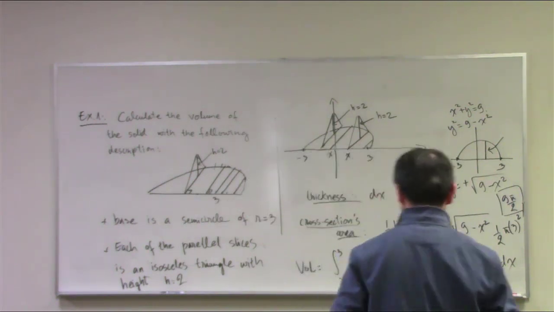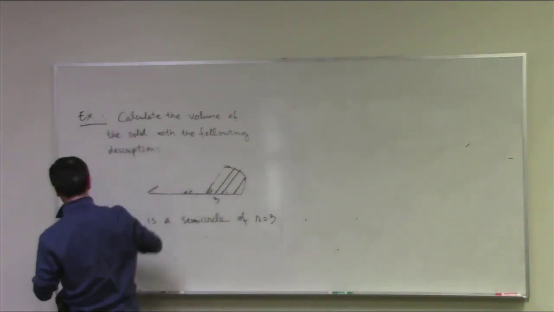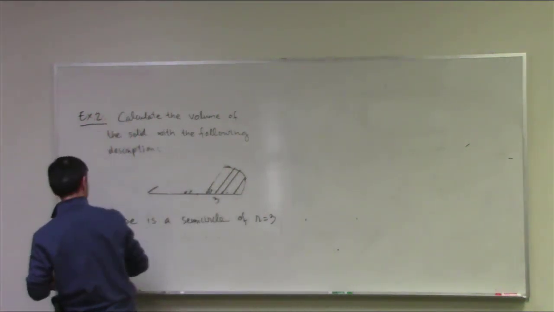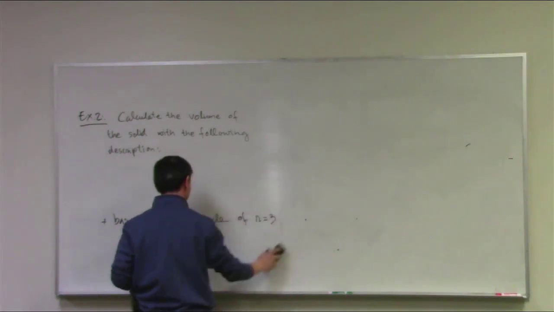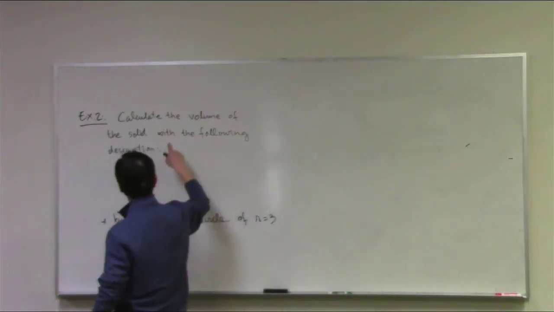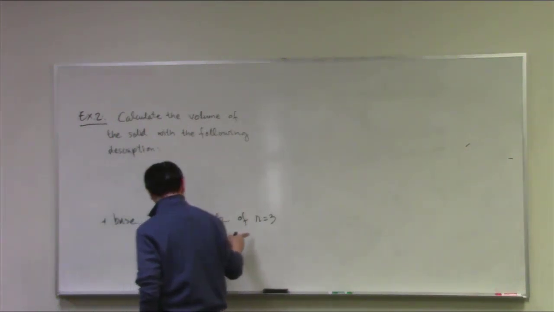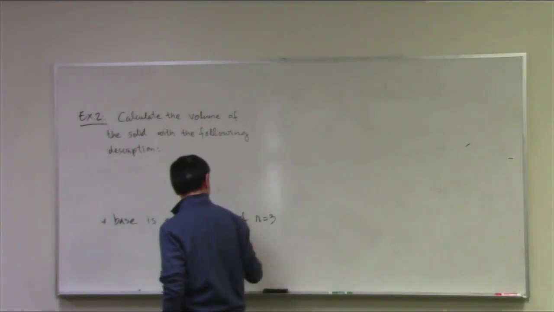And this time, every example has its own specialty, so I can't really do part A, part B, and part C anymore. Calculate the volume of the solids with the following description. The base is a semicircle, radius 3 again.